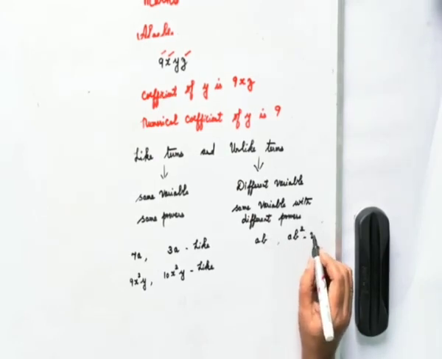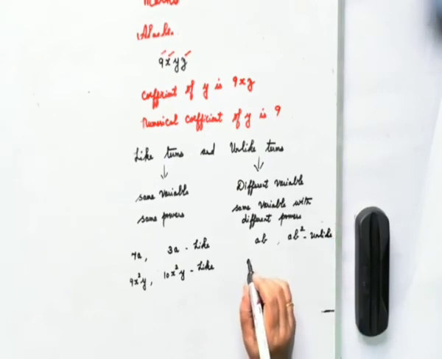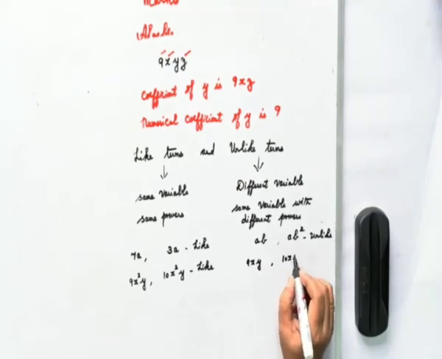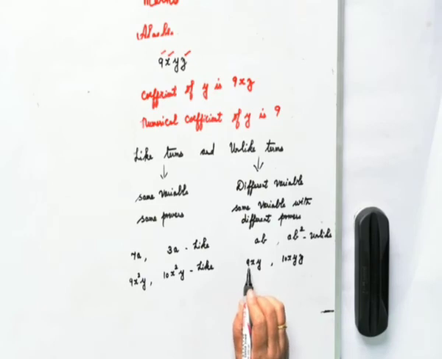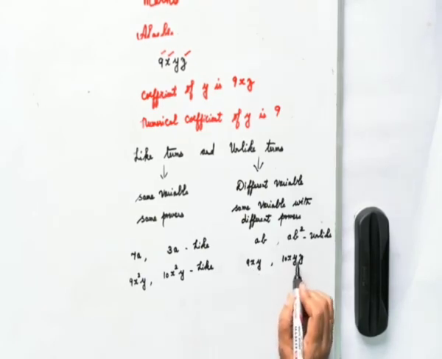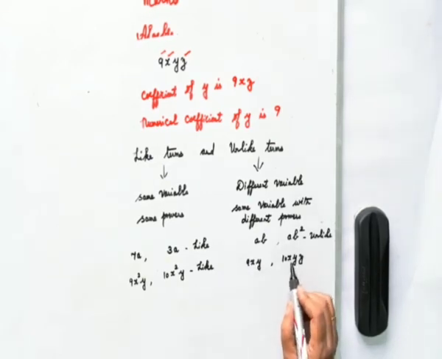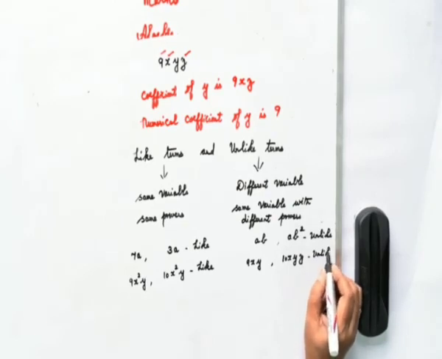So this is an unlike term. Second example. 9xy, 10xyz. If you compare the variables, here we are having only 2 variables. Here we are having 3 variables. So this is again an unlike term.